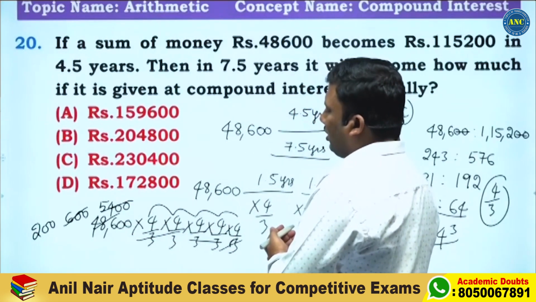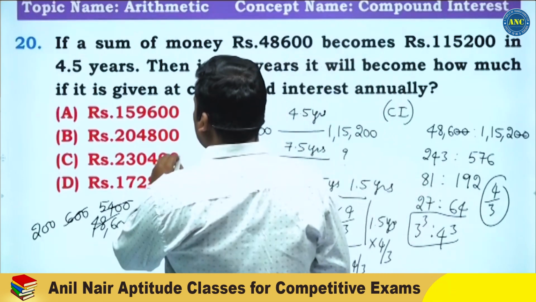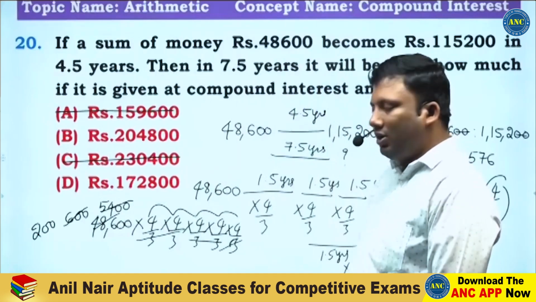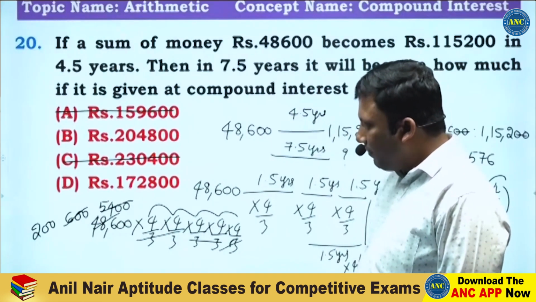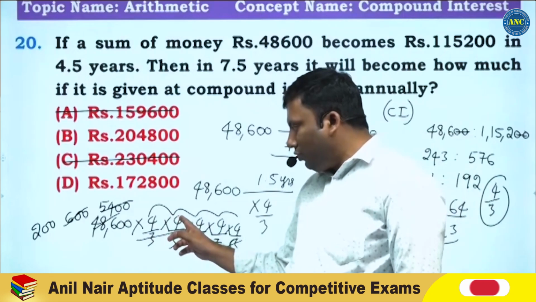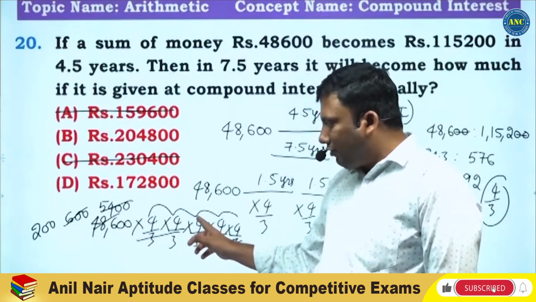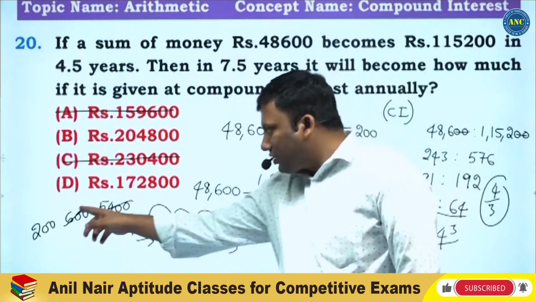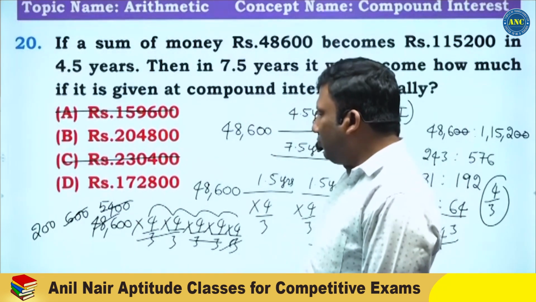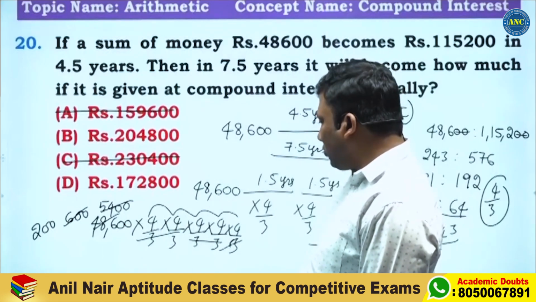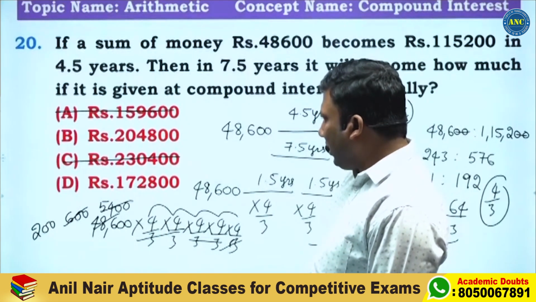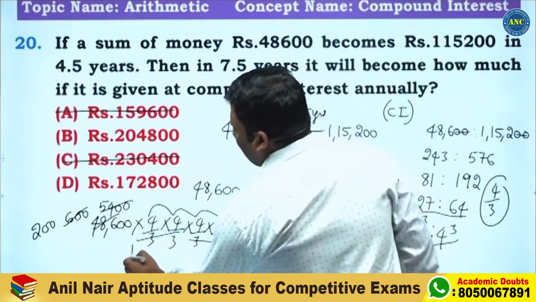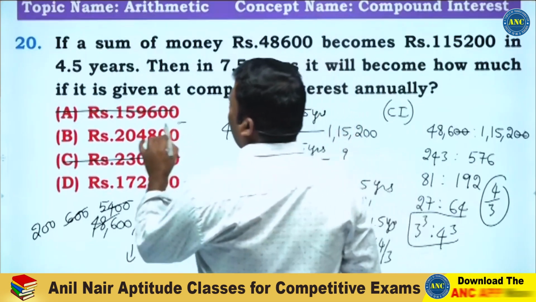The rightmost non-zero digit is 8. Option A is out. Option C is out. 4 into 4, 64. 64 into 4, 16. 64 into 200 is 12,800 into 4. So just calculate it, and whatever answer you get, that will be the answer.